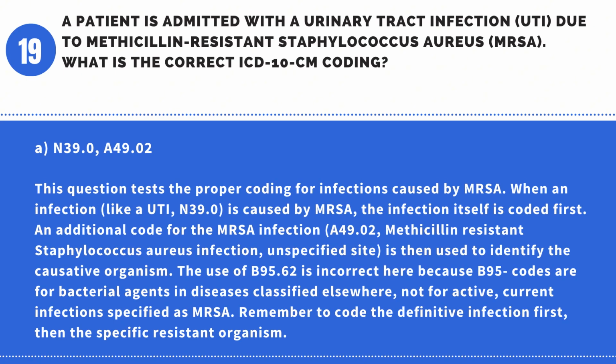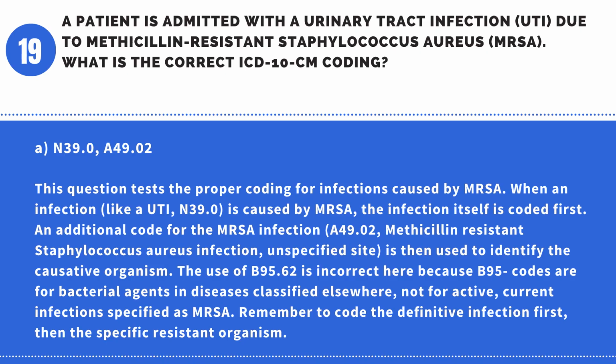N39.0, A49.02. This question tests the proper coding for infections caused by MRSA. When an infection, like a UTI, N39.0, is caused by MRSA, the infection itself is coded first. An additional code for the MRSA infection, A49.02, methicillin-resistant Staphylococcus aureus infection, unspecified site, is then used to identify the causative organism.